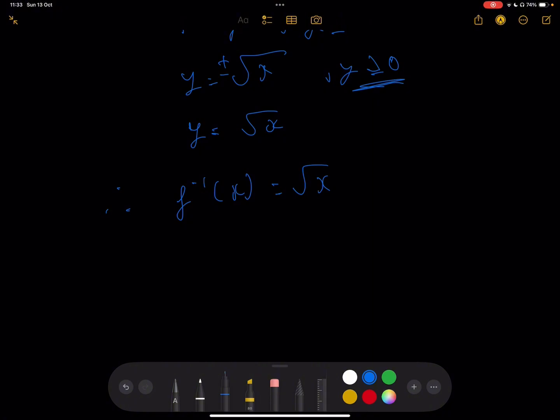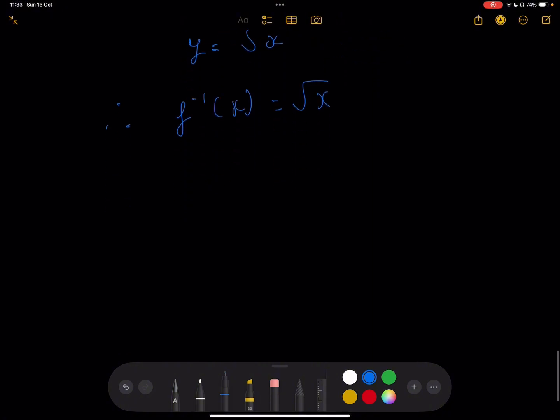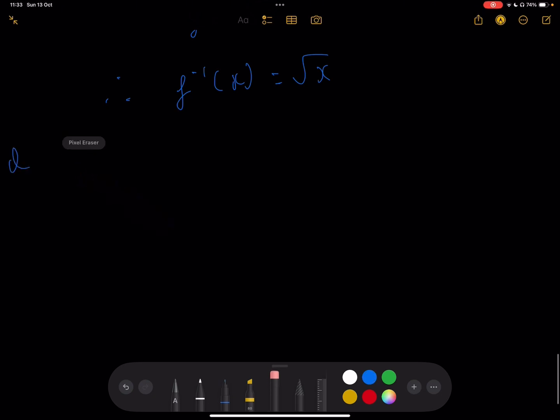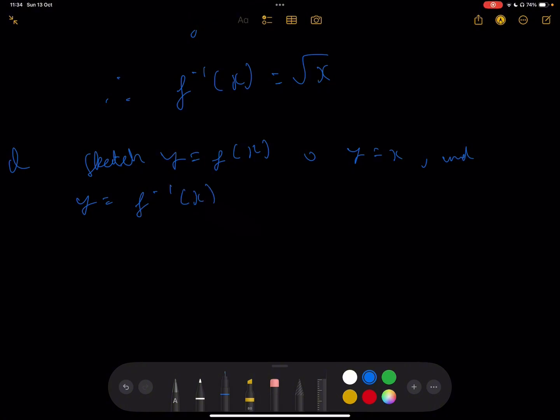Now, let's sketch the function. Part D would be: sketch y is equal to f of x and y is equal to x, and y is equal to the inverse function of x for f in both part B and C. So, what did we get?